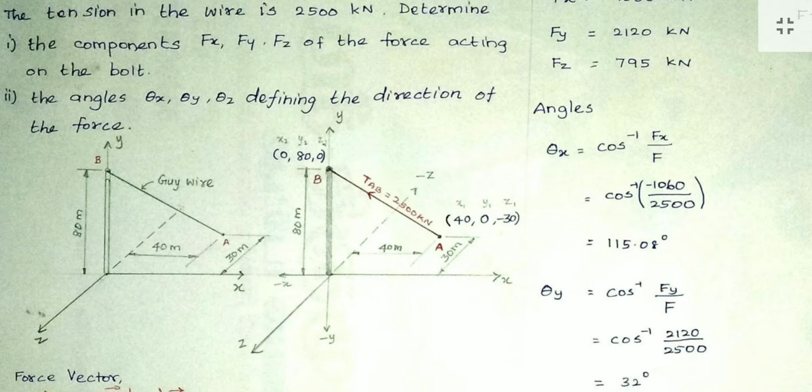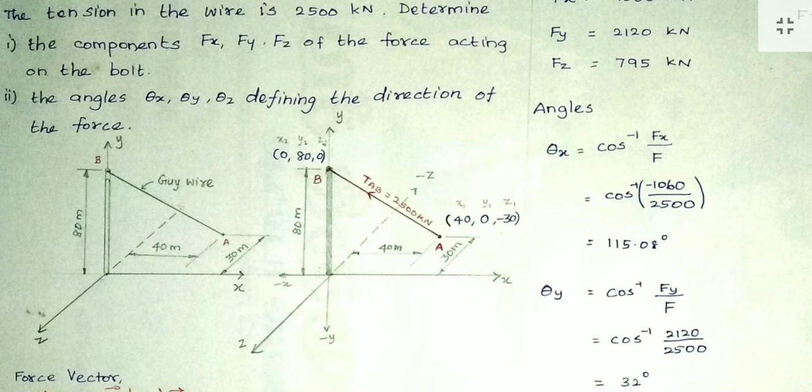Now we try to find the coordinates for A. For A we have x coordinate 40, y coordinate 0 and z coordinate minus 30. How do I find it? The x coordinate means how much distance along the x-axis.